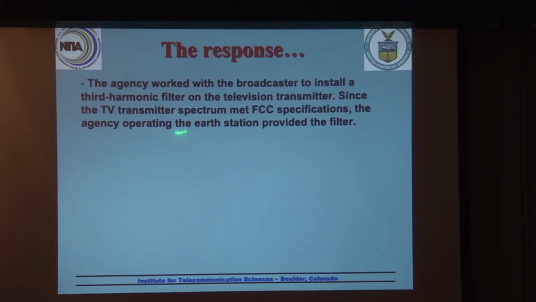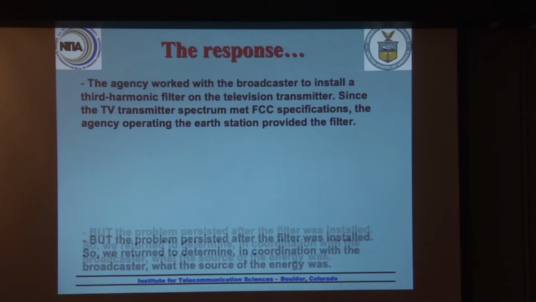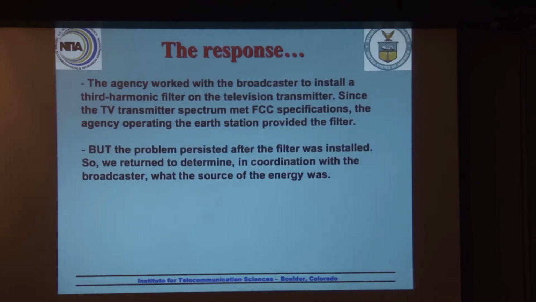In any event, because the TV transmitter spectrum, as we had demonstrated, already met the FCC specs, the agency operating the ear station provided the filter for the station, but the broadcaster agreed to install the filter. And this is no little filter you carry around in your hip pocket. This filter was what, Randy? 6 feet long? Weighed 100 pounds? It was huge. It was quite the little engineering project to get it installed.